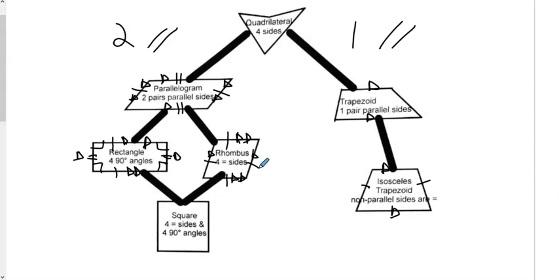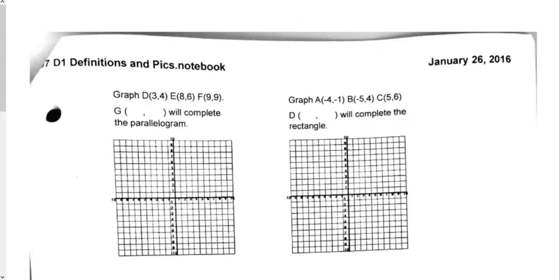And then we get down to the big daddy, square, the perfect parallelogram. Okay? Right angles, opposite sides parallel, and everything is equal. You need to hit pause, go ahead.